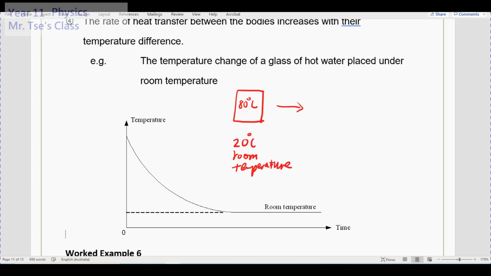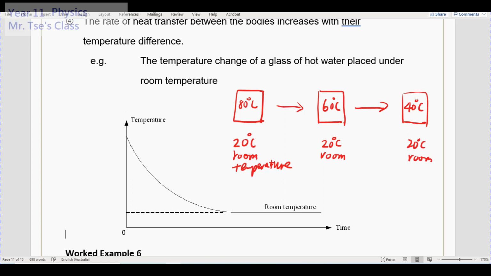Later on it decreases by 20 degrees, and the room temperature is still 20 degrees. Then it becomes another 20 degrees less.